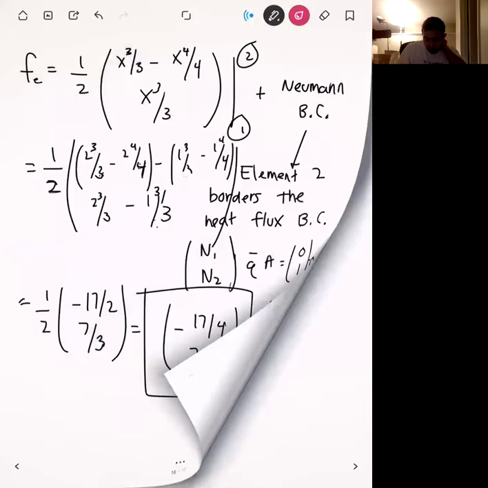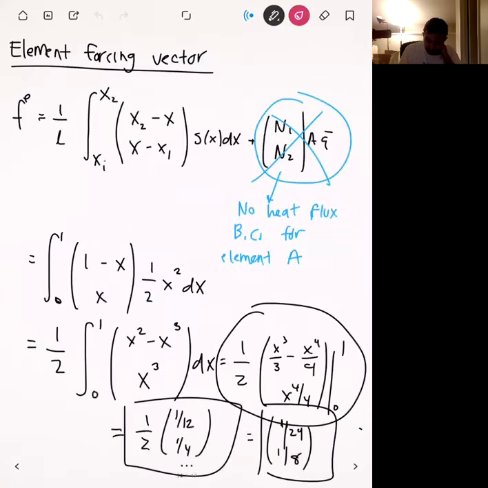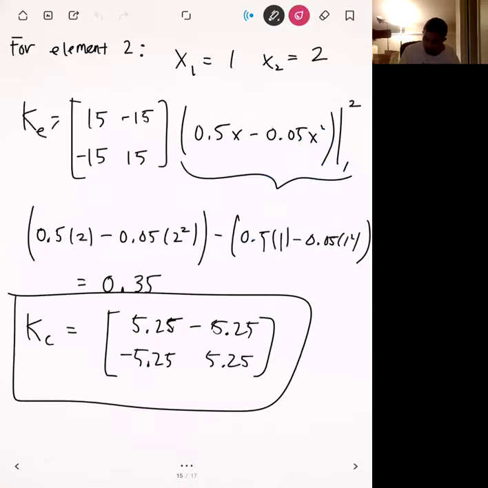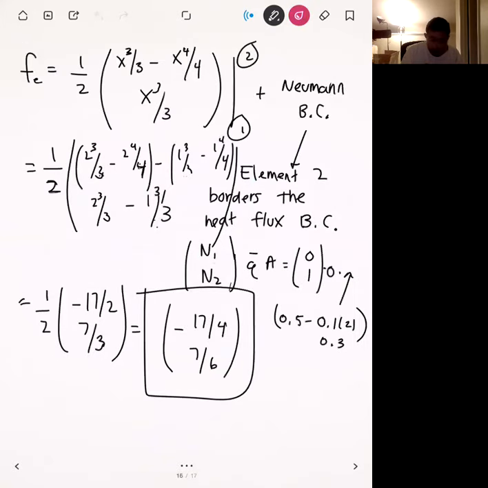And then we're going to do the same thing on the right-hand side, where we have our forcing vectors. For element A, we have 1 over 24 and 1 over 8. So we have 1 over 24. In this entry, we have a 1 over 8, but we're going to add that to the top entry from this one.